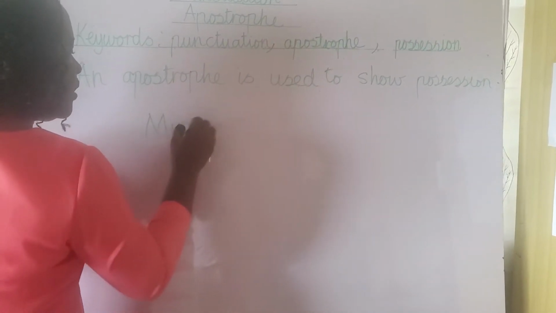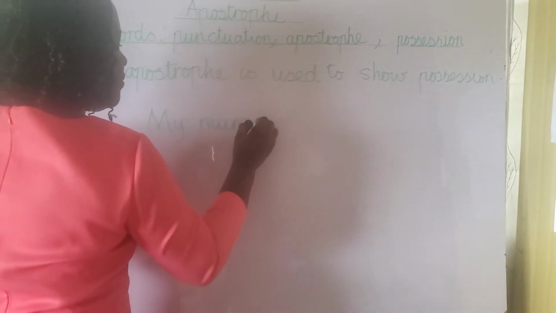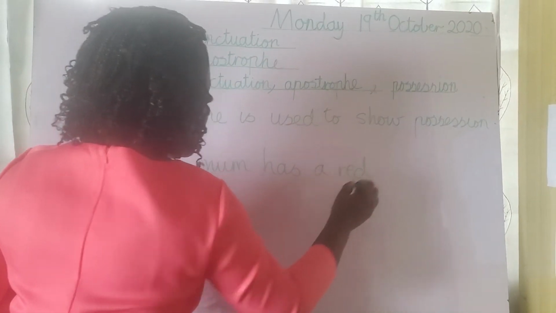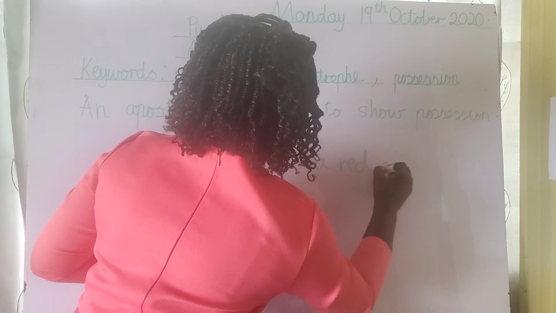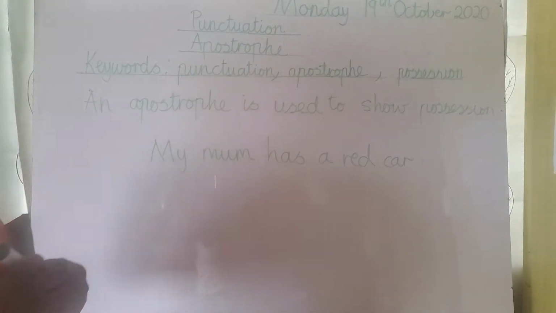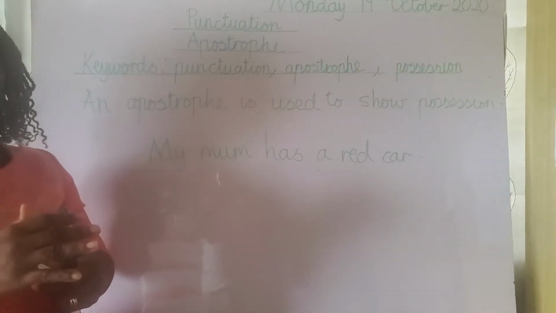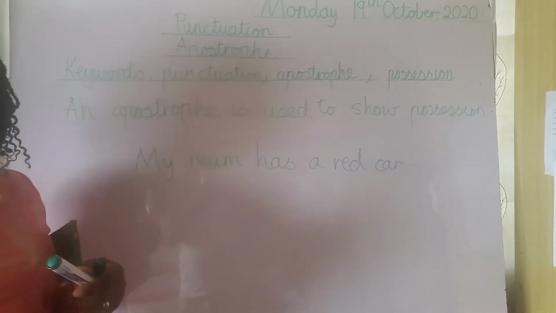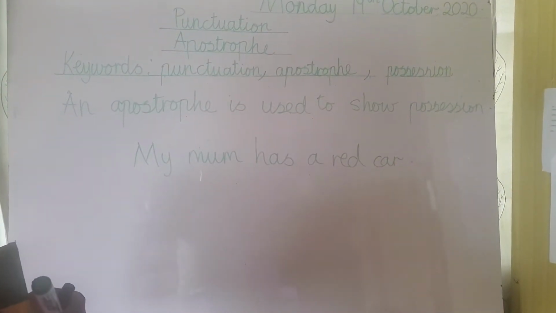My mom has a red car. Full stop. Now, if I ask you to change this sentence, use an apostrophe to show possession, to show that the red car belongs to your mom, what will you say?